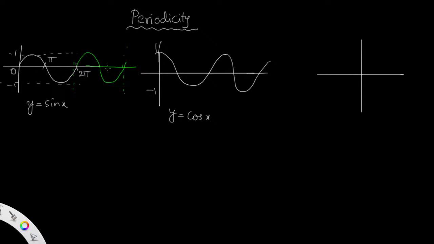So the portion of the graph always keeps repeating after some gap. Suppose for sin x, the gap up to here is where the graph repeats, that is 2 pi. The length of this graph is also 2 pi. So every 2 pi the sin x graph always keeps repeating.